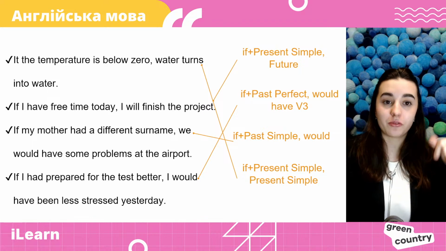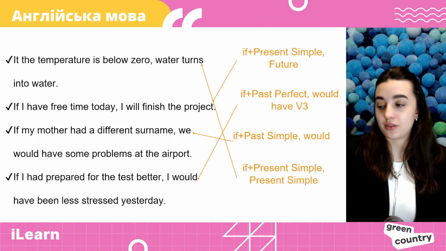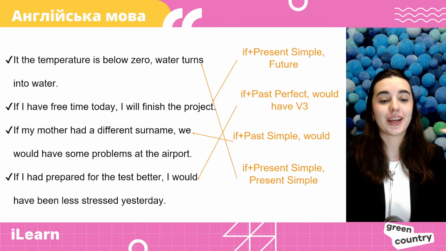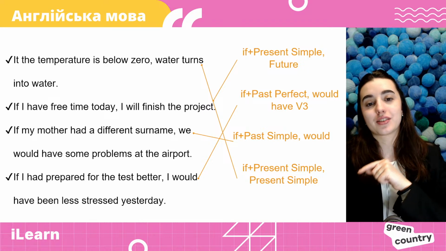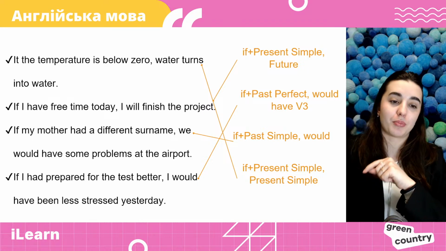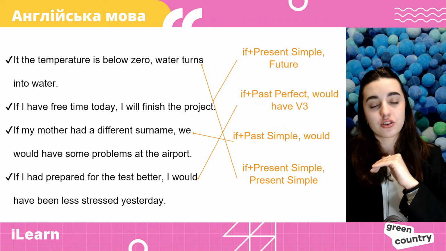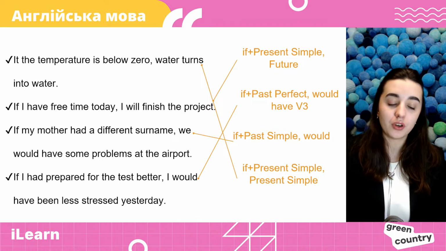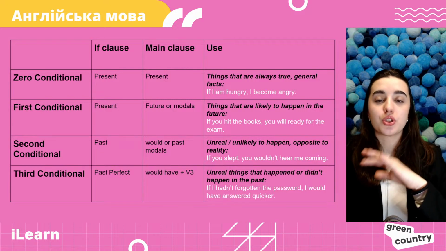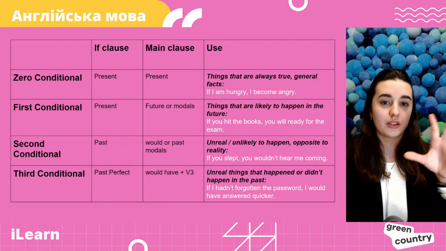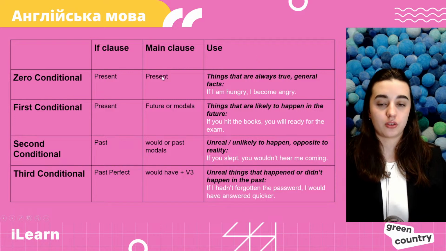We use if, present simple, first conditional, if, present simple, future. Then, second conditional, past simple, comma, would, and third conditional, it is past perfect and would have and third form. So here you can see all like the structure, all of the usage of conditionals.